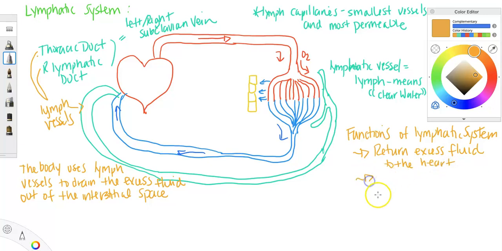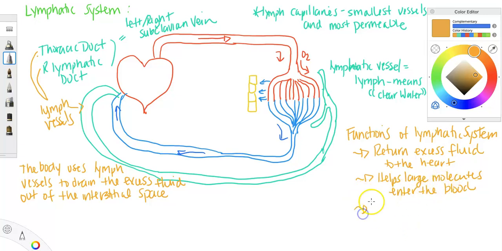That's one. All right, two, it helps large molecules enter the blood, so like hormones, lipids, things like that.